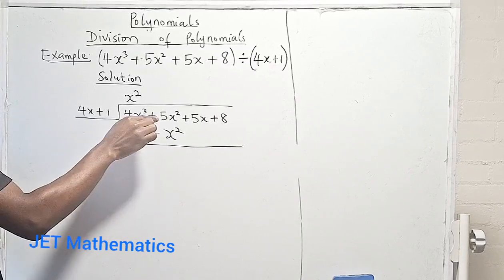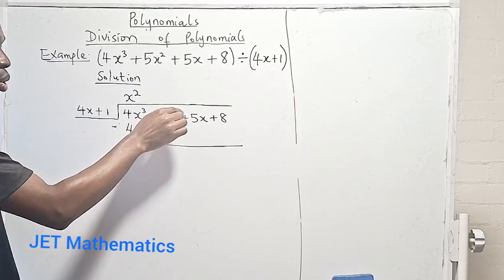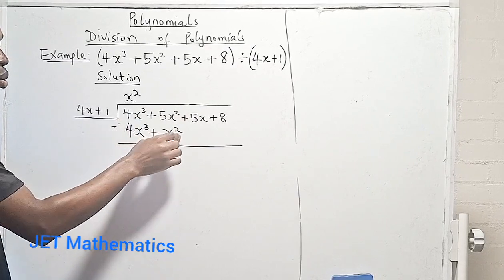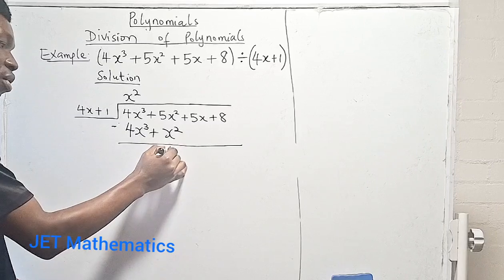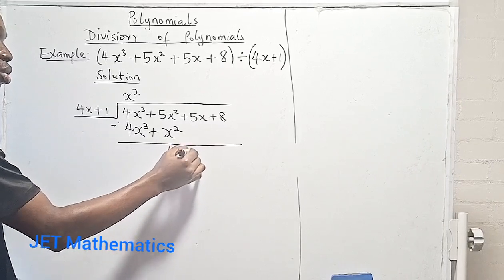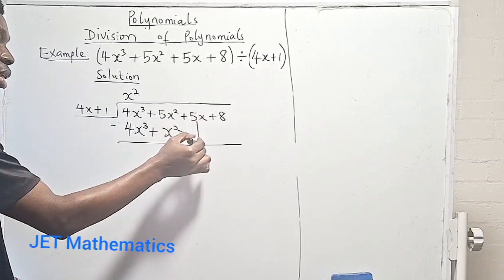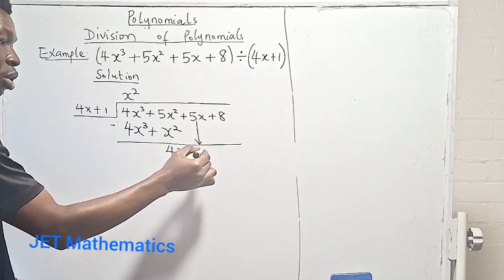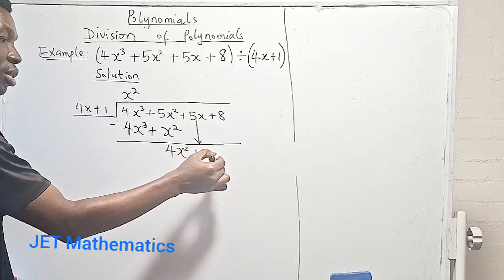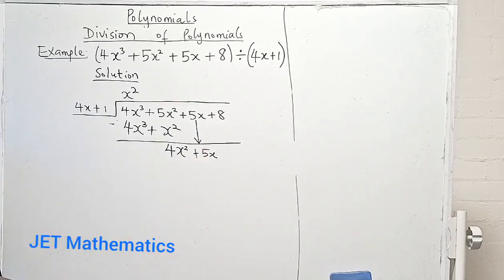We'll go to the next. 5x squared minus x squared will give us 4x squared. And then we'll bring down the next term, which is plus 5x. And then we repeat the same step.